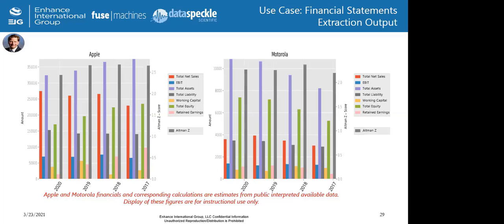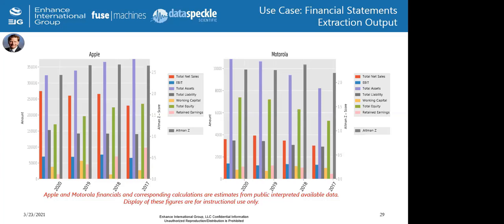We just took it on a yearly basis to see how the company is running, and is the Altman Z increasing or decreasing over time? Is your revenue increasing? Is your bad debt increasing? All these are different parameters that would help us understand the health of a company by using these algorithms.